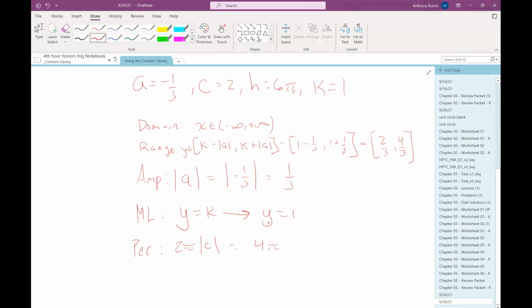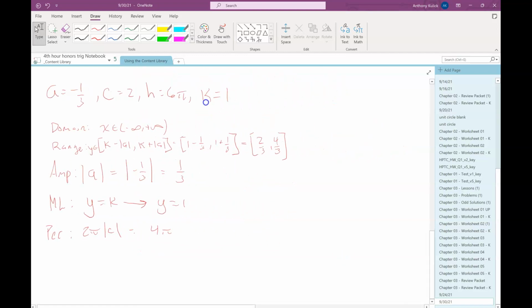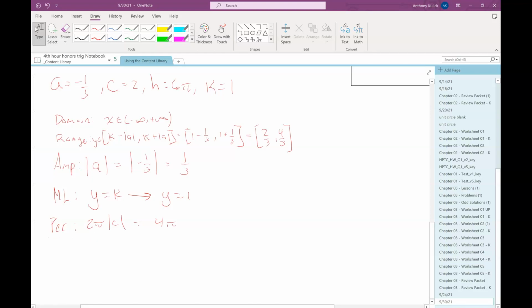And then if I were to describe this transformation in words, what would I say here? Well, since the a is negative, means we're going to reflect across the y-axis. Since the magnitude of a is less than 1, that's going to be a vertical shrink by a factor of 1/3.